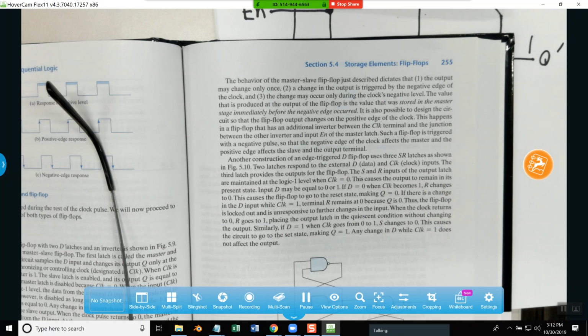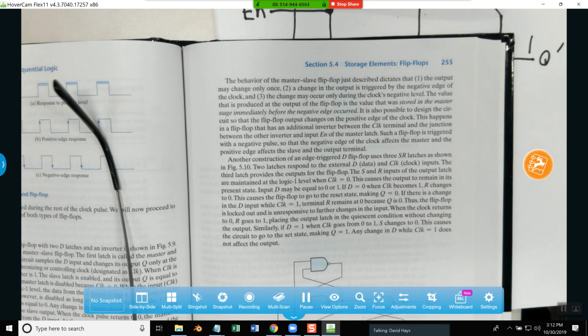Okay, let's see. It's there, it's kind of buried, but they say it uses 3 SR latches. So remember our SR latch? It had 2 NAND gates.